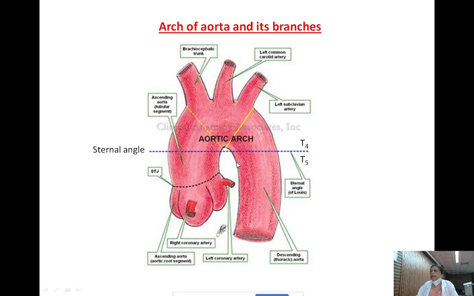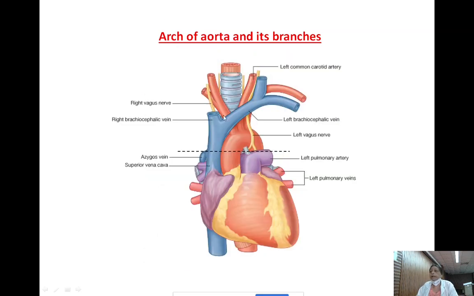Now here you come to the arch of the aorta. The arch of the aorta starts at the sternal angle on the right side and comes again to the sternal angle on the left side. But in this region, it does not pass through the same plane, it goes posteriorly and to the left towards the vertebral column. In the arch, it gives three large branches.